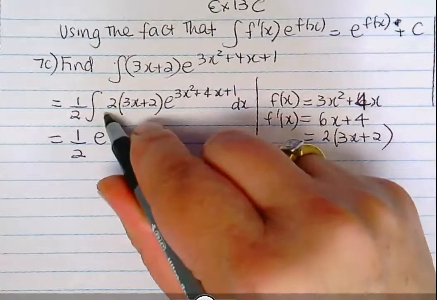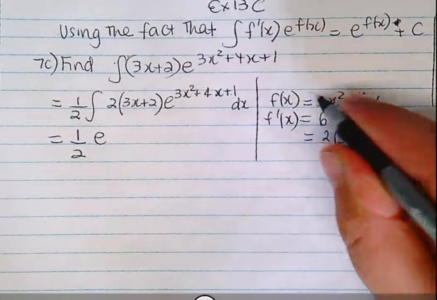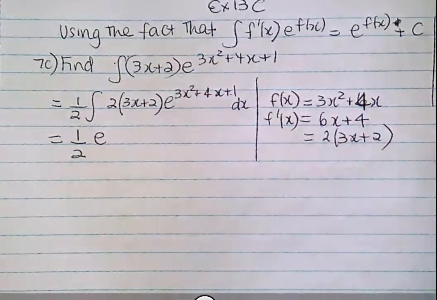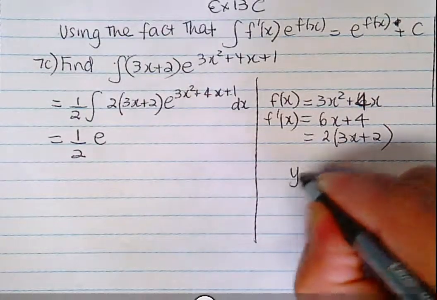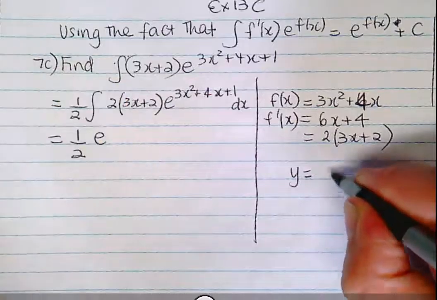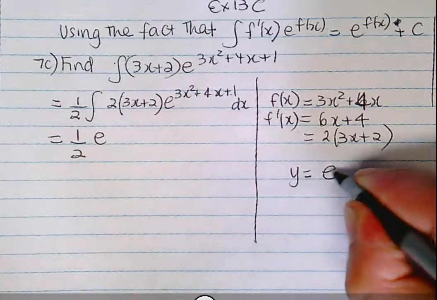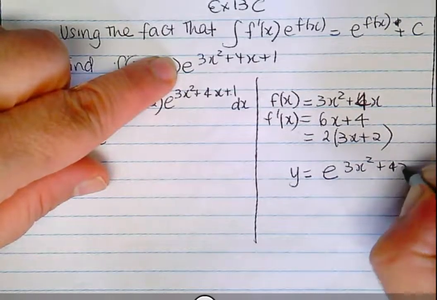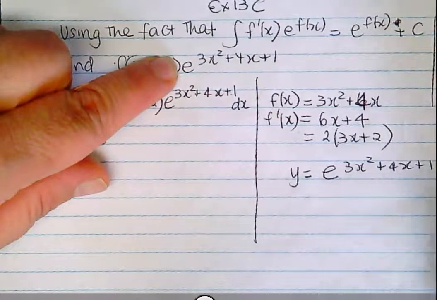times e to the function of x. So a half, because the integral of all of this is e to the function of x. I'll just write it down here. What the question really is, if I start with e to the 3x squared plus 4x plus 1, that is my e to the function of x.